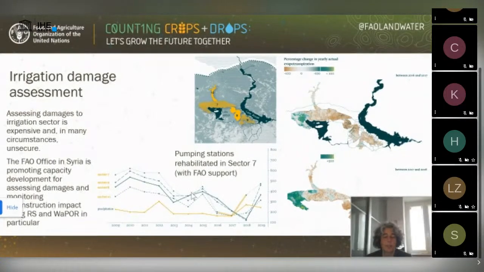So there's a number of reasons that you would need to understand to be able to interpret the data that come from satellite. But nevertheless, this information can help you monitor not only the damage, but also, in this case, the chart here shows that the sectors of the irrigation system in which, for example, FAO provided support with rehabilitation of pumping stations were recovering faster, of course, and we could monitor the extent of this recovery.